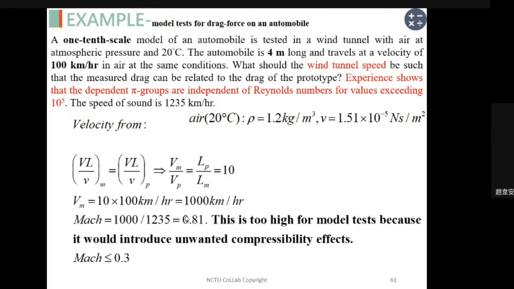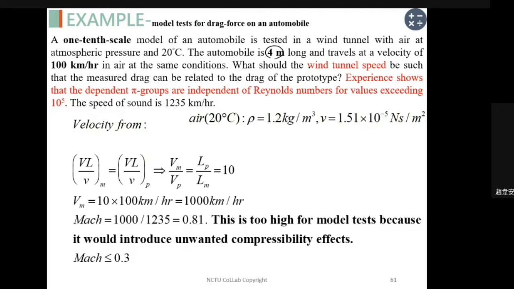So we have a 1/10 scale model of an automobile tested in a wind tunnel with air at atmospheric pressure and at 20 degrees C. The automobile is 4 meters long and travels at a velocity of 100 kilometers per hour in air at the same conditions.